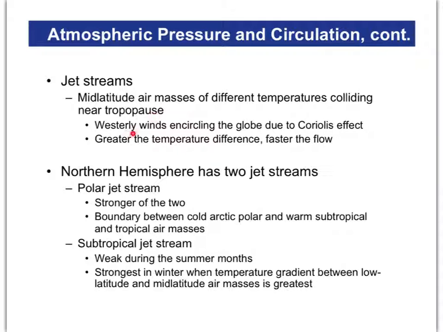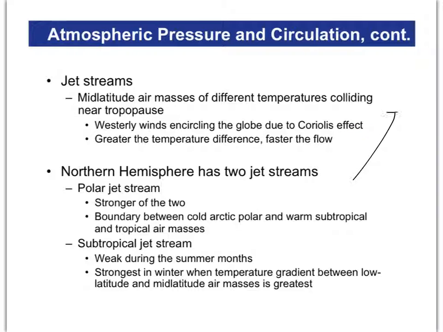We say that they're westerly winds because they come from the west. We're not going to focus too much on wind names, but winds are generally named where they come from. So they come from the west towards the east, and they encircle the whole globe. And they wave back and forth due to the Coriolis effect. The Coriolis effect is a tendency of any kind of fluid moving in a straight line to want to bend off one direction or the other.